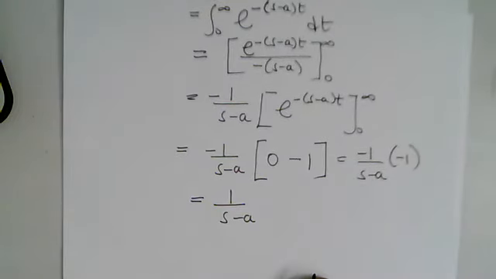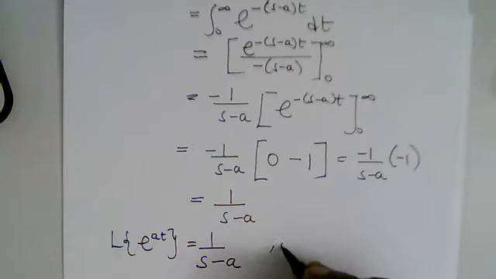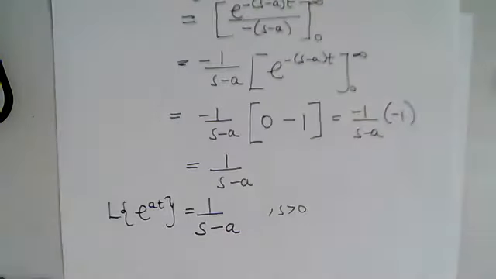So this tells us that the Laplace of the exponential function is 1 over s minus a, where this a is any constant. That's simple. With this, we can find the Laplace of any exponential function.